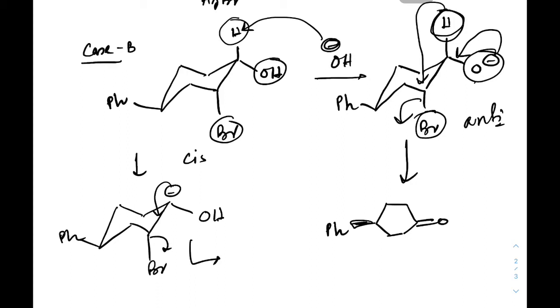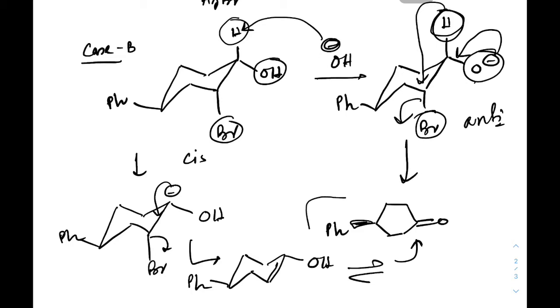After forming this type of double bond, it is an enol and it undergoes keto-enol tautomerism and gives the same product like this. Okay. So in case B we get this type of product, right?